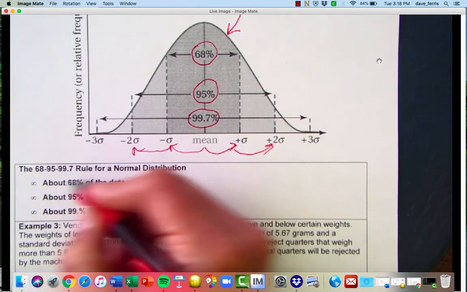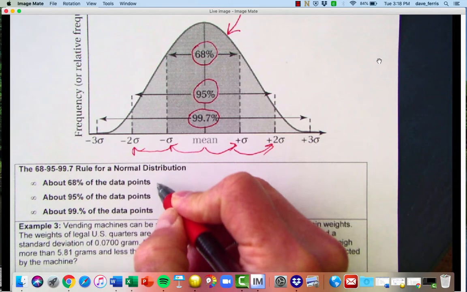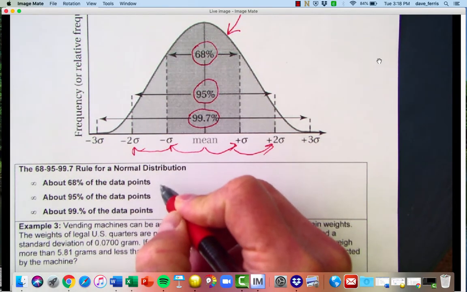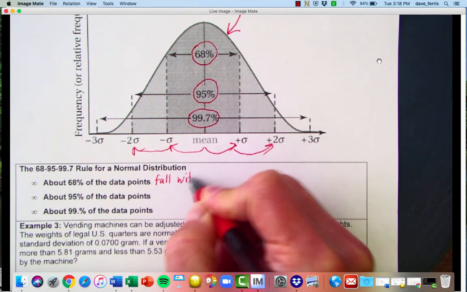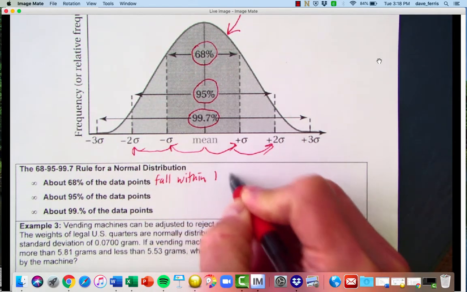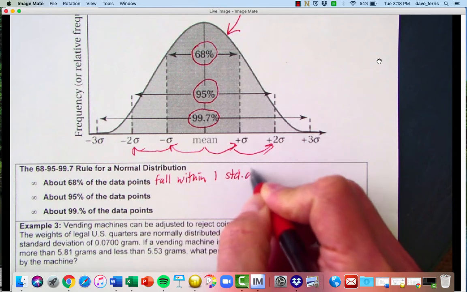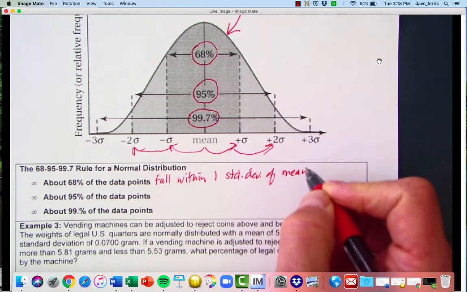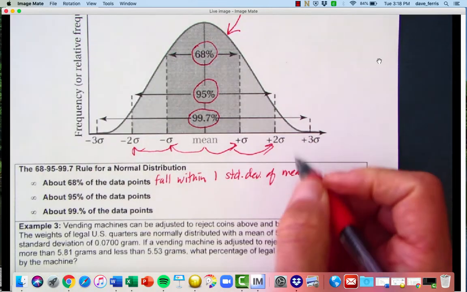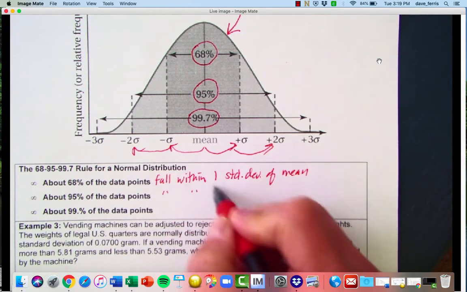So to summarize, about 68% of the data, we can finish this off and say something like, fall within one standard deviation of the mean. When you go out 2 standard deviations, it's about 95%.